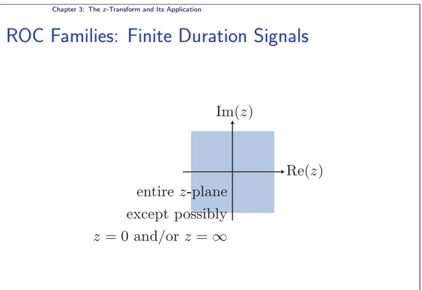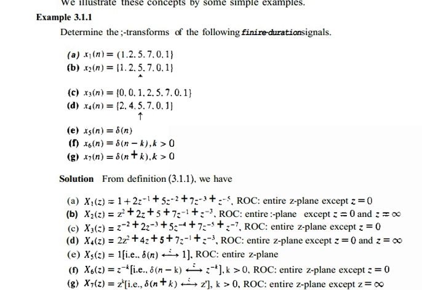Now we will see one problem, then we can easily find out. Here I have illustrated some problems, and we need to determine the z transform of these finite duration sequences. The first problem is x1 of n equal to 1, 2, 5, 7, 0 and 1.